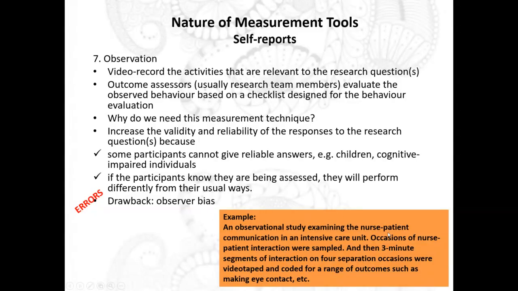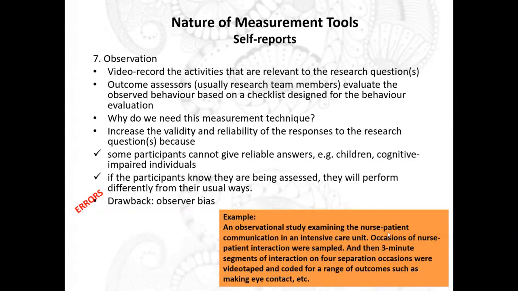If the nurse knows you are doing a study, wanting to know how they interact with the patient, do you think the nurse will give you a true response about their daily interaction with the patients? May not be. Or even if they said it is true, it has many subjective elements. So we want to do it in a more objective way, so we use an observation approach.